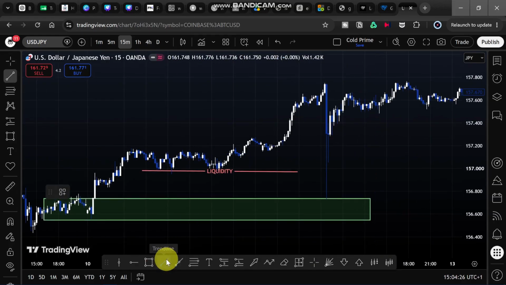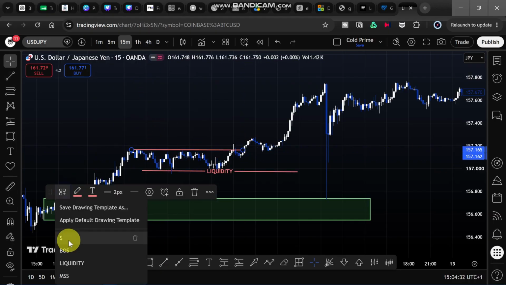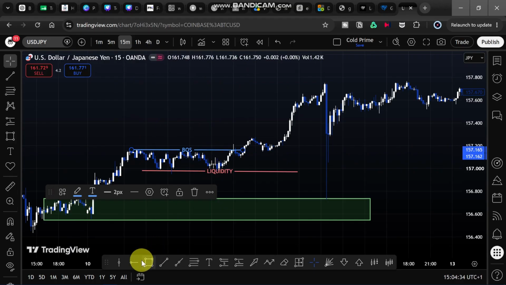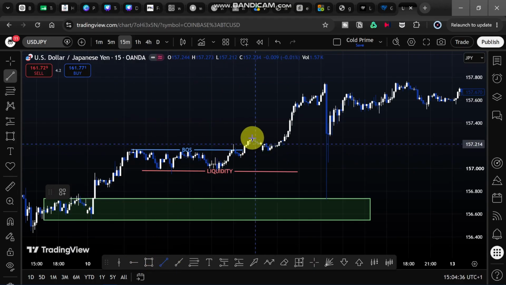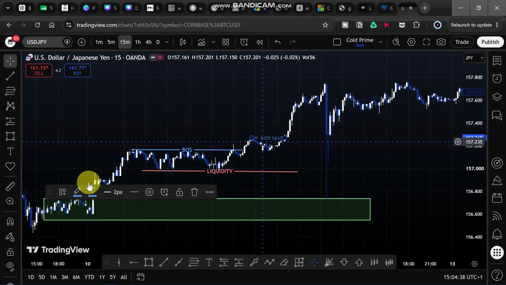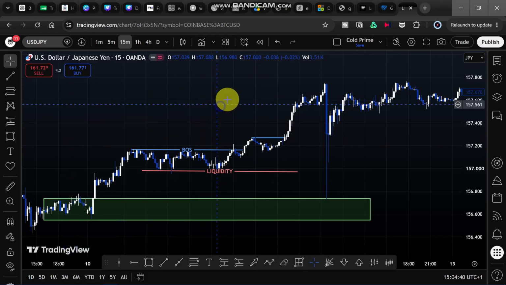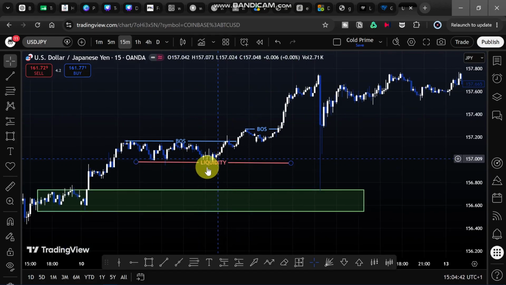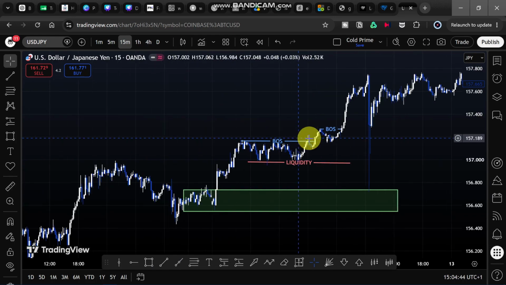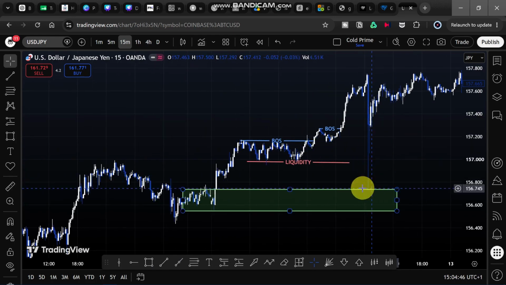And this was also a confirmation because what we're looking for is a break of structure. A break of structure here as well. Okay, it took out the liquidity lows that were sitting here and tapped on this demand here.